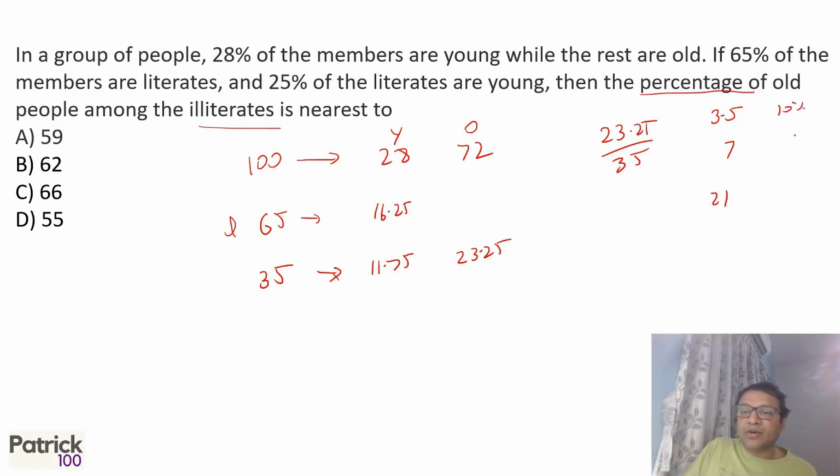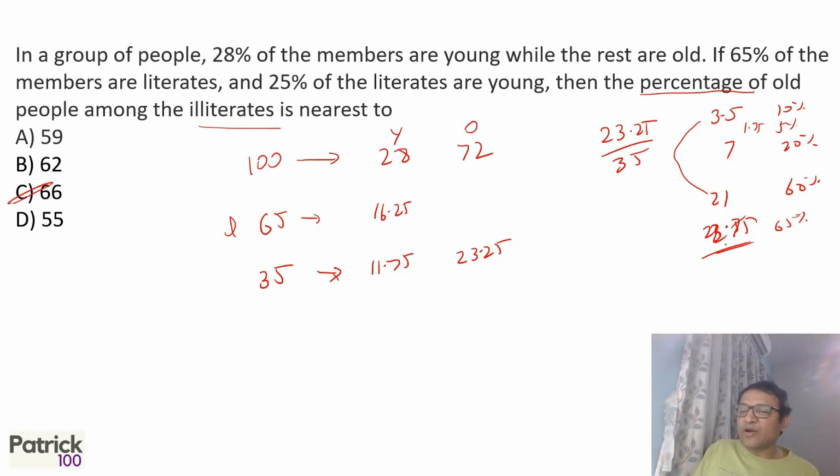And 65% will be, sorry, not 24.5: 5% is 1.75, so 65% is 22.75. So you can make out the value is slightly more than 65%, so 66%, two-thirds.